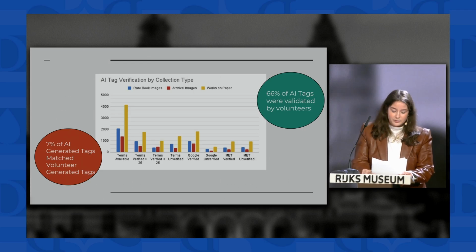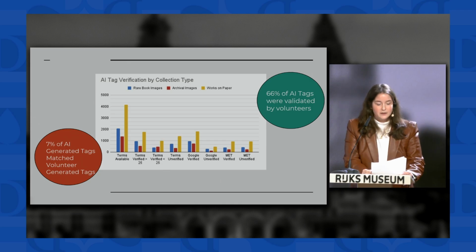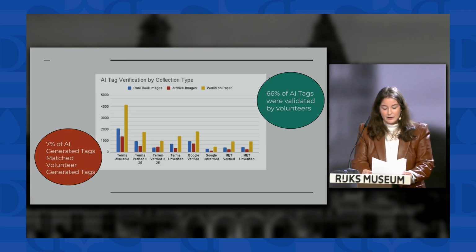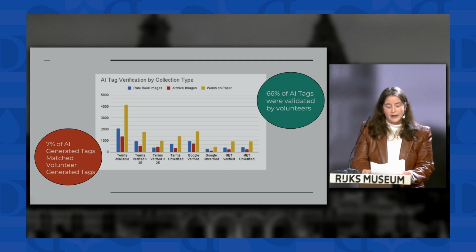Volunteers were asked to also perform not only this tagging task, but also a verification task. They were presented with 7,606 AI-generated metadata tags that were created from that collection of 1,091 Adler Planetarium objects. Now, roughly 2/3 of these terms were validated by volunteers, with 1/3 being left unvalidated.